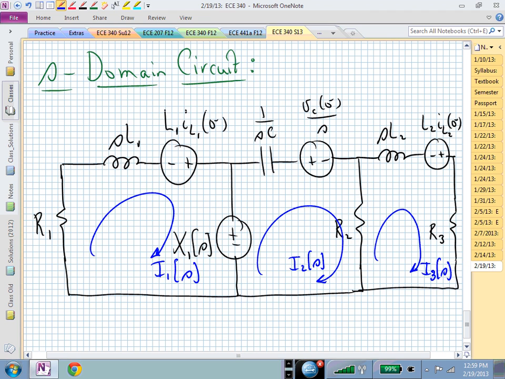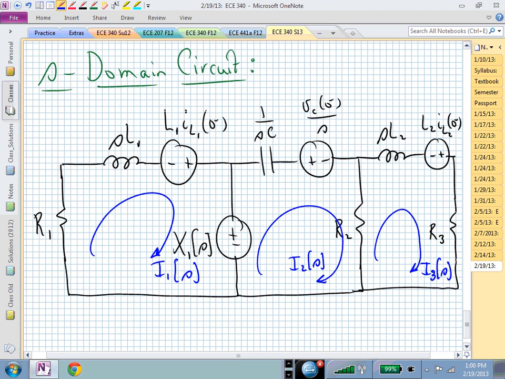If you simply wrote KVL around this first mesh, it would be R1 times I1 plus SL1 times I1 minus L sub 1, I sub L1 of 0 minus plus X sub 1 of S. That one's maybe, well, what did we have? We had I1 and it touched R1 and SL1, and those multiplied I sub 1 of S directly. What if we looked at this second mesh?